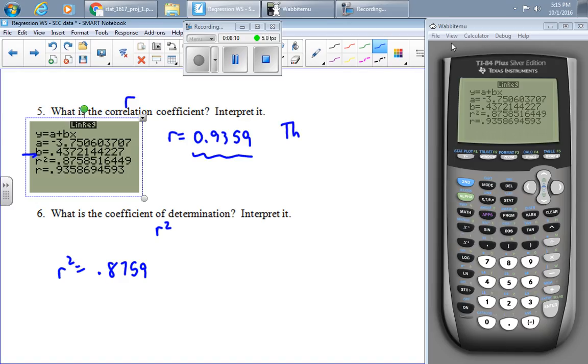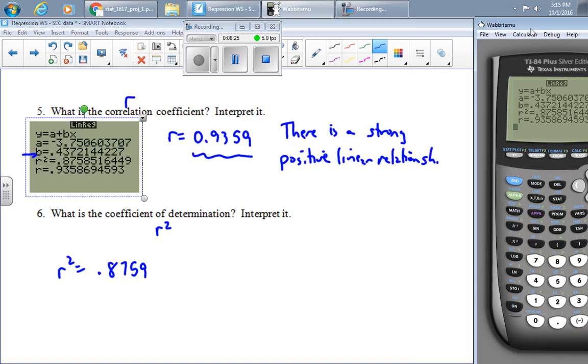So I'm going to say there is a strong, positive, linear relationship. This is very similar to what I did at the very beginning between points per game and wins.